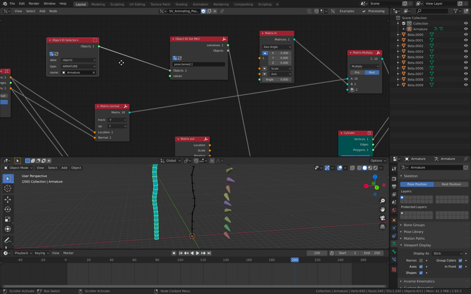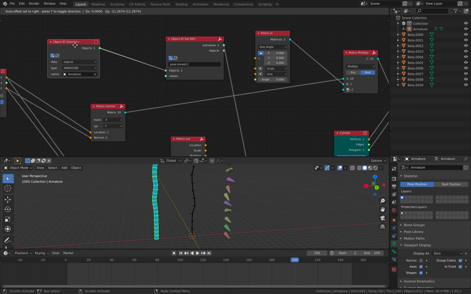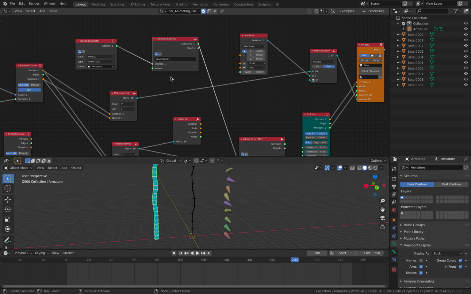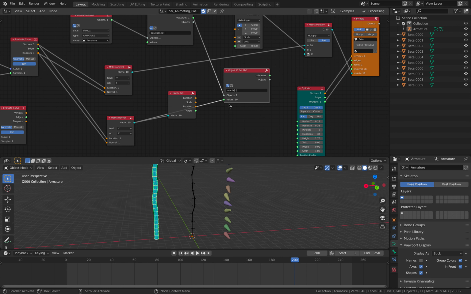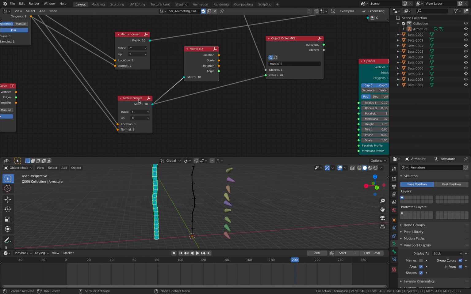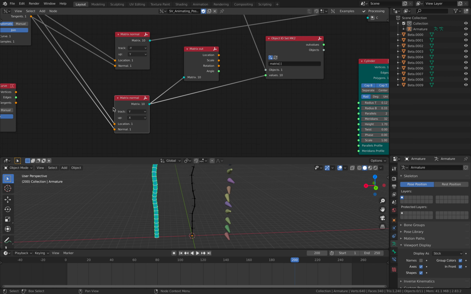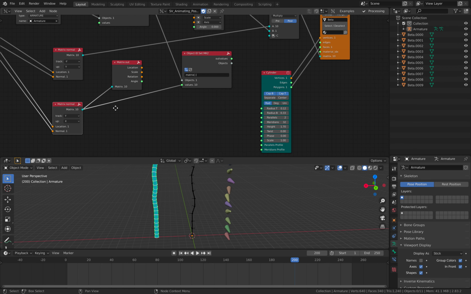And then here I'm using object ID armature and pose bones and the transform matrix of the bones with matrix normal of each vector point. Maybe this is where I did something wrong.